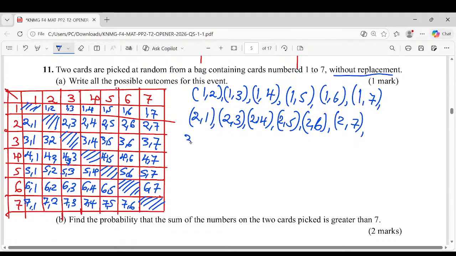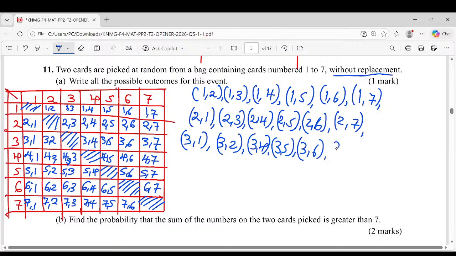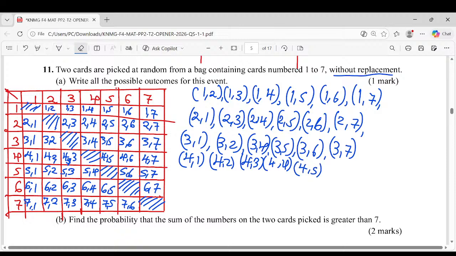then (3,1), (3,2), (3,4), (3,5), (3,6), (3,7). Then we are going to have (4,1), (4,2), (4,3). Sorry, we cannot have (4,4).